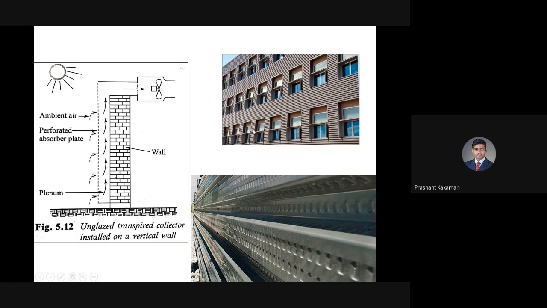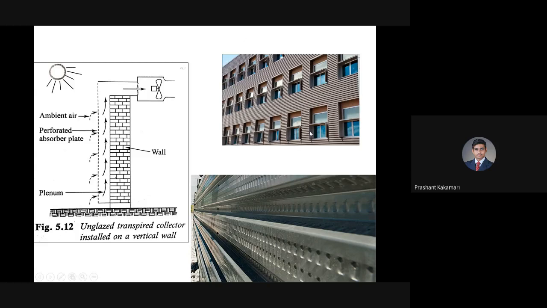This type of construction helps whenever the solar radiation falls, for example on the east side or the west side, whenever sunrise and sunset take place. Maximum time at sunrise, the cold air inside the room, which is available from the night, should be heated up. That is one thing. And in winter season, after heating in the morning, in the evening also, when the air starts moving in the building with cold air, that should also be heated.